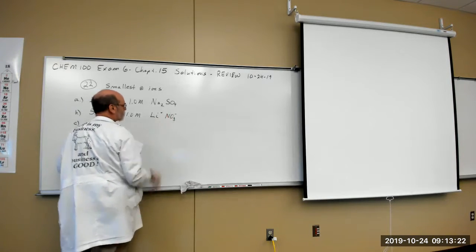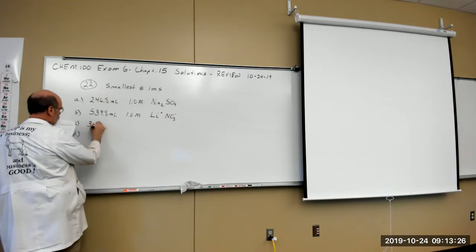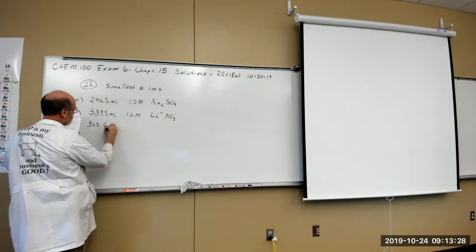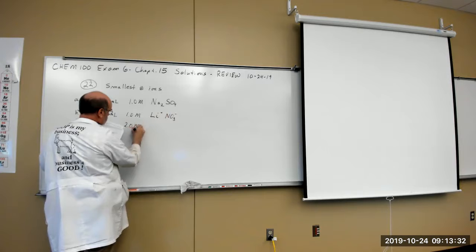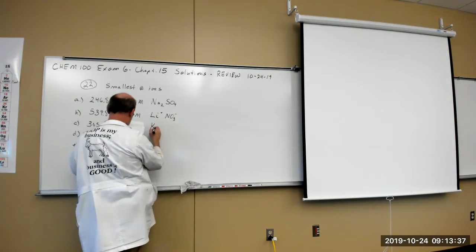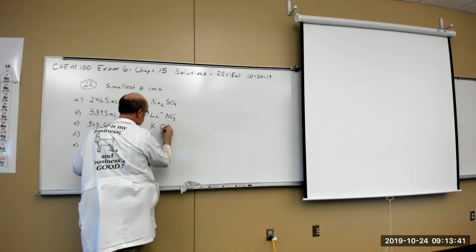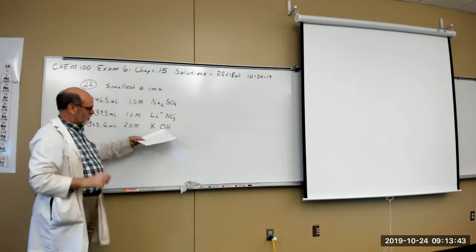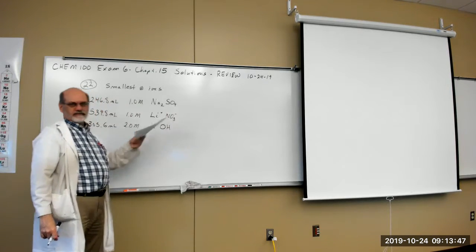C is 305.6 milliliters of 2 molar potassium hydroxide. There's another polyatomic. Minus 1, plus 1. That's good.